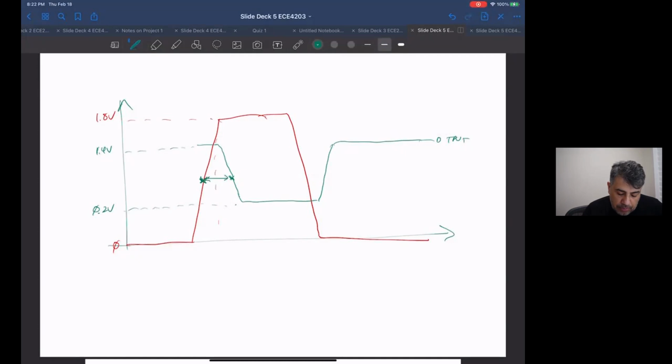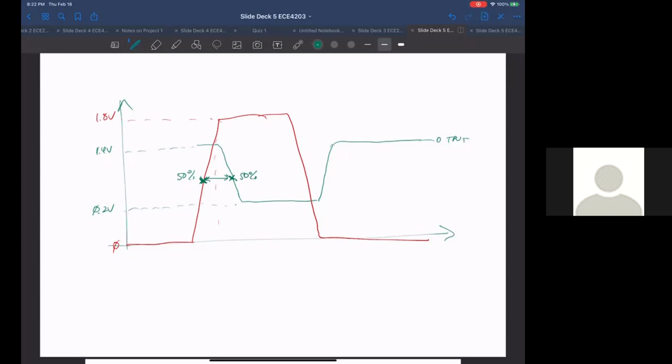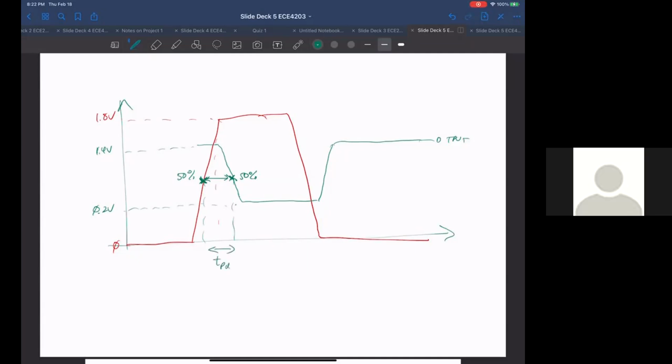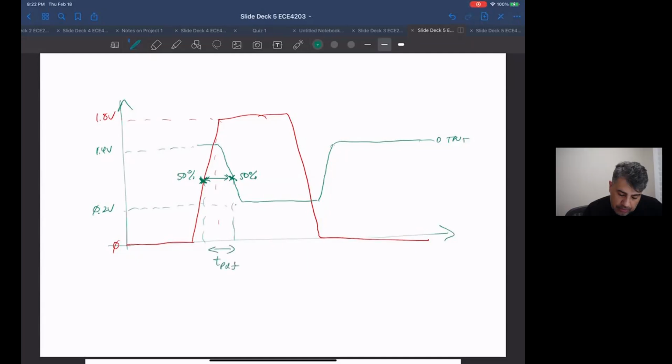From the input being at 50%, while the input is going from 0 to 1.8 volts, to when the output hits its 50% value. And we just subtract those two, right? Yep. Basically, it's this time. Prop delay falling, and then prop delay rising is from this 50% to this 50%.